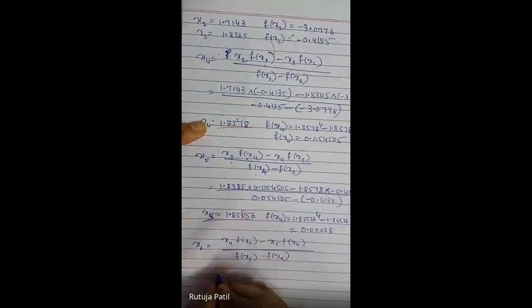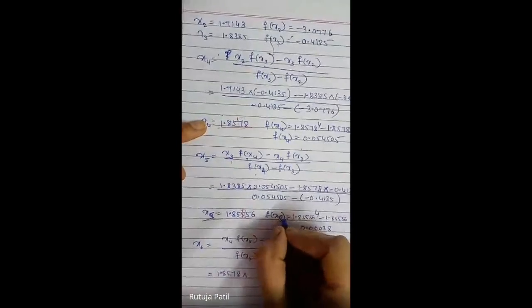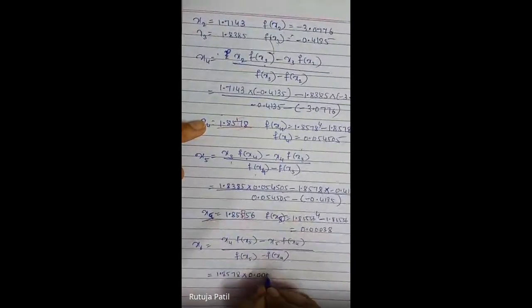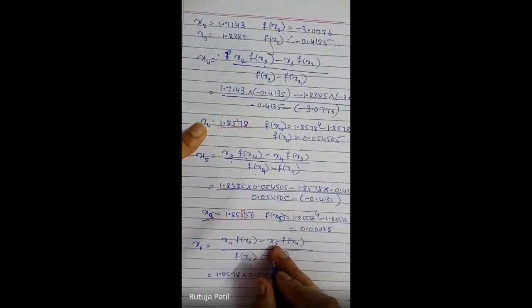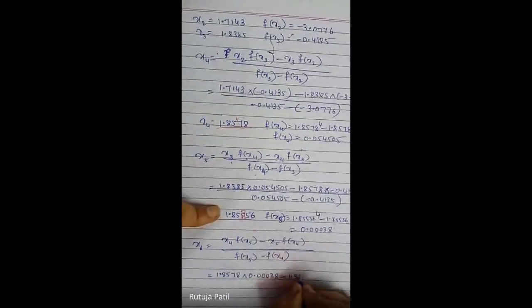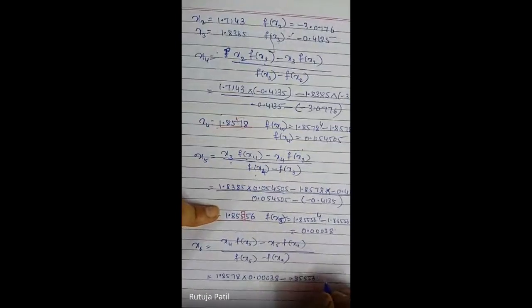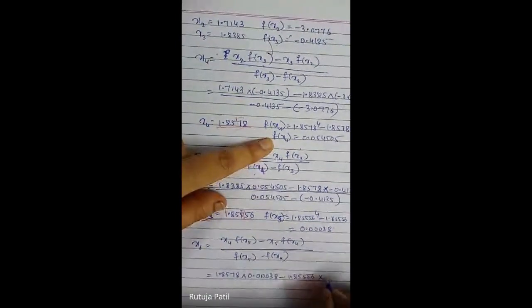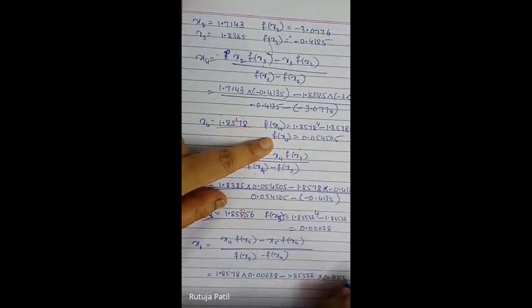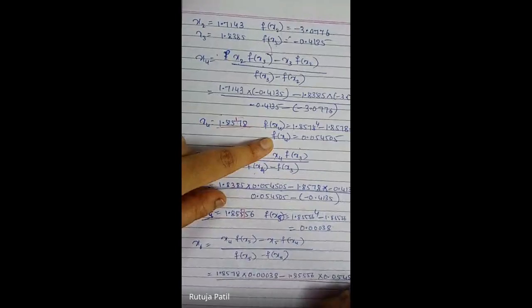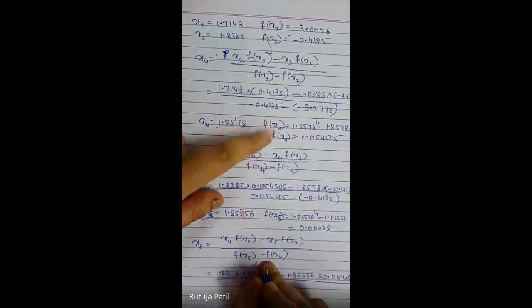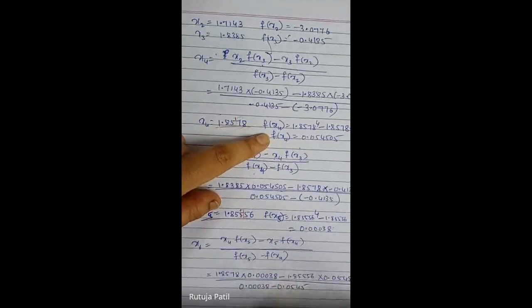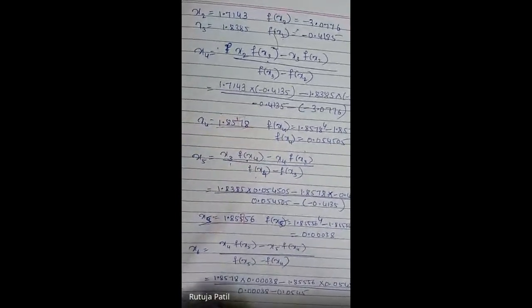X4 is 1.8578 into f of x5 is 0.00038 minus x5 is 1.85556 into f of x4 is 0.0545, then divided by f of x5 is 0.00038 minus f of x4 is 0.0545. Okay, now let's calculate this.